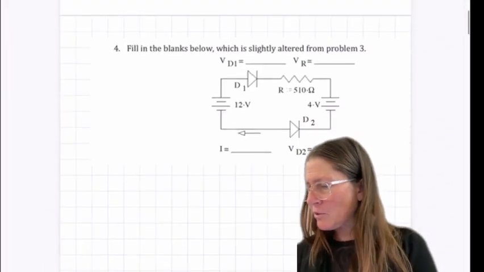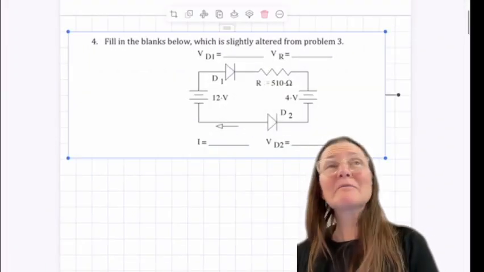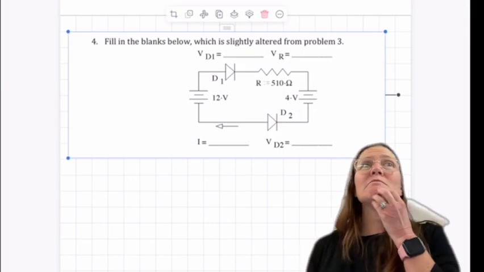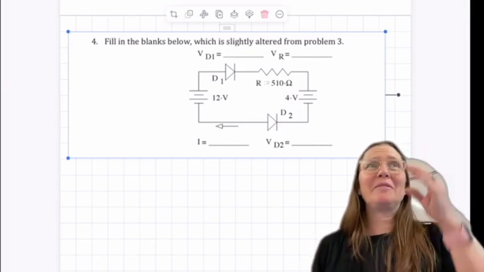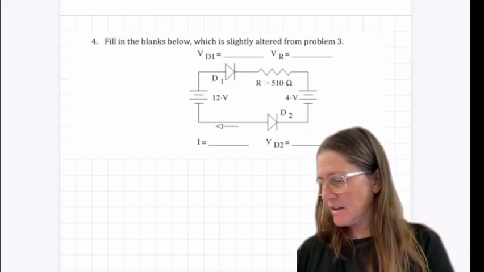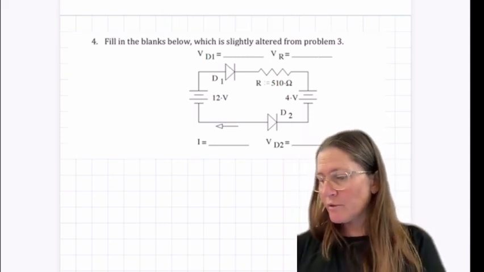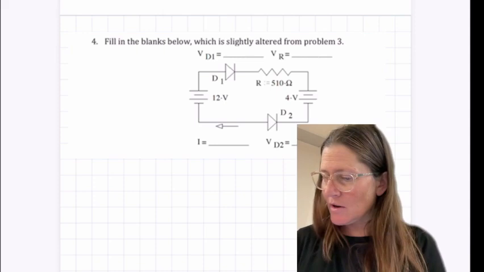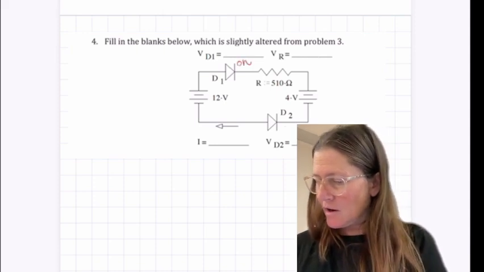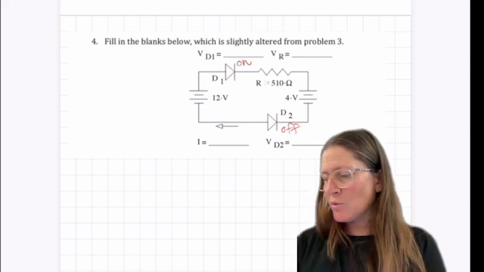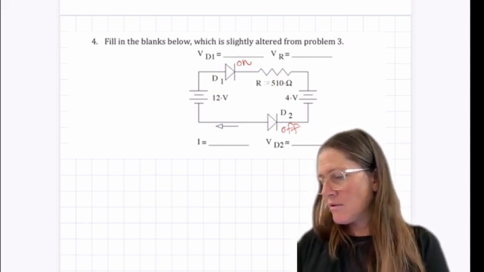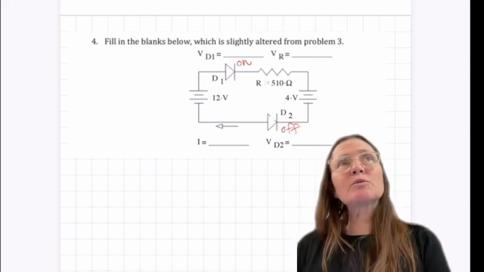So which one do you feel is on and which is off? That one is on and that is off. Okay, so if you assume that, off means what would you replace it with?